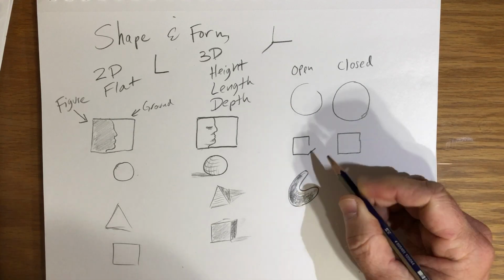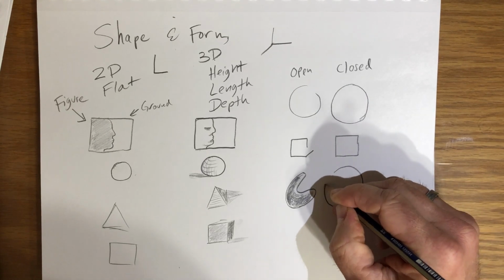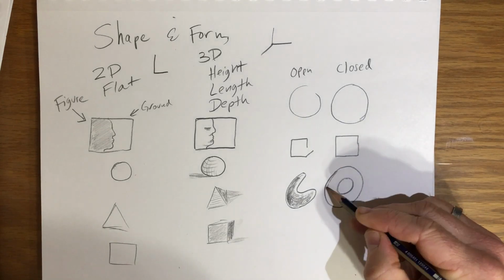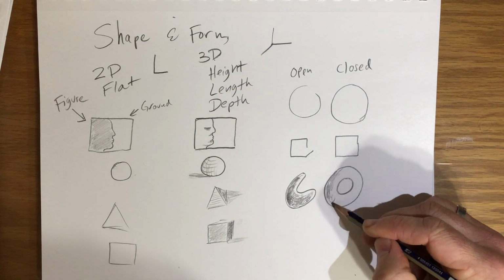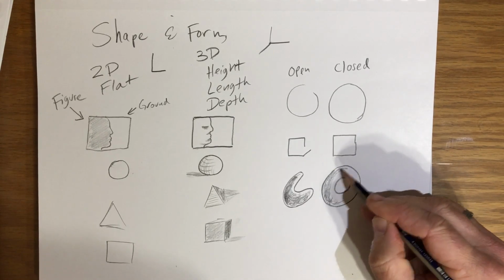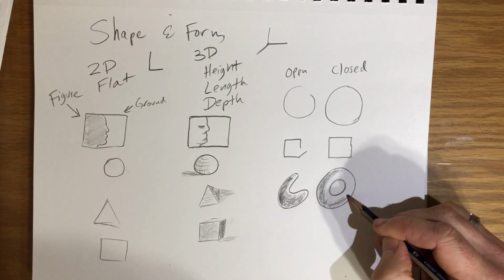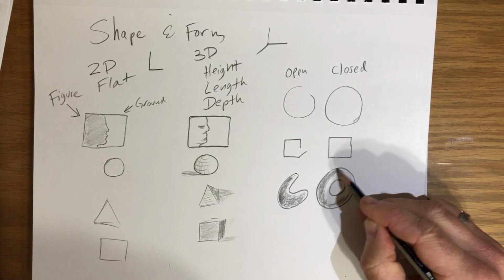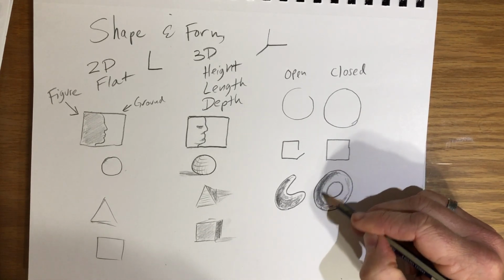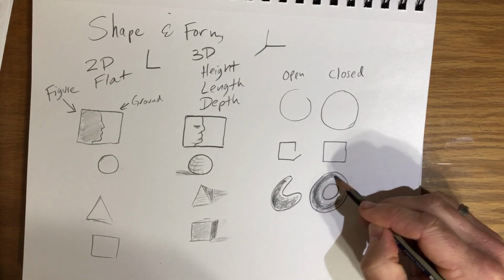Whereas the same type of shape, if it was like that, it's enclosed. You have to climb it to get in there. Oh, well, you could say it's open, from another point of view. So these words are to help us understand how the shapes and forms work. It's a donut. Take a bite out of it and it'll become open. Maybe.